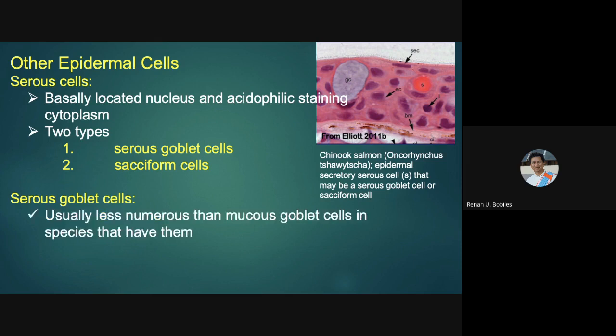Usually they are less numerous than mucous goblet cells in the species that have them. Less numerous compared to mucous goblet cells. They are vesicles containing basic protein.